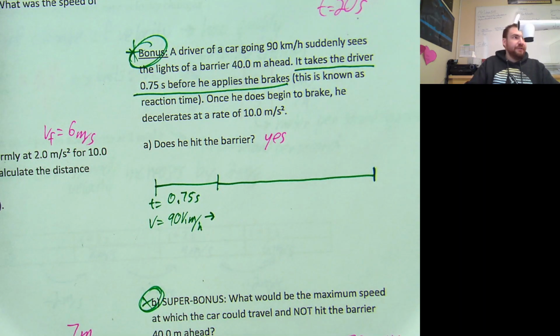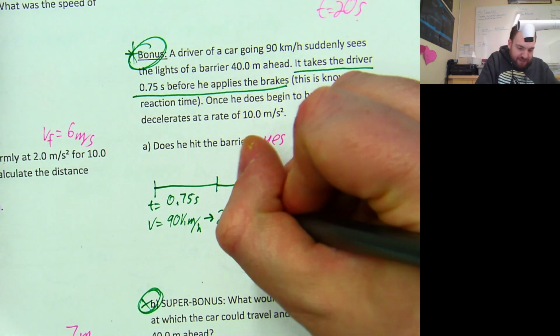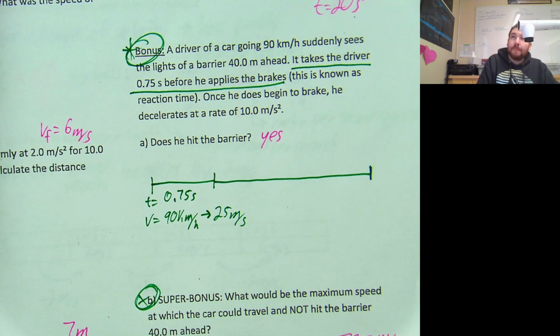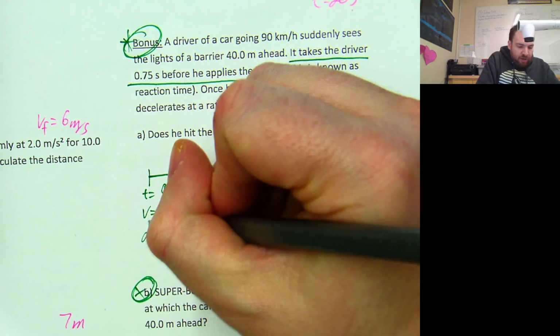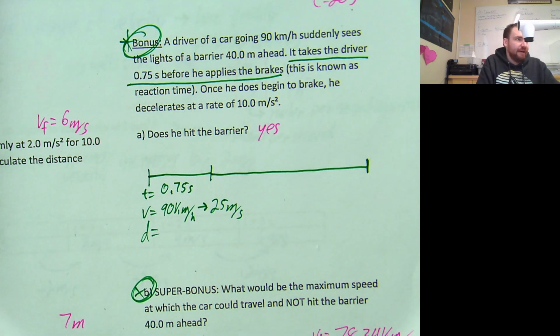The conversion from kilometers per hour to meters per second, what do I do? I hear divide by 3.6. It's cool, so that's 25 meters per second. So how far does he travel in that three-quarters of a second?